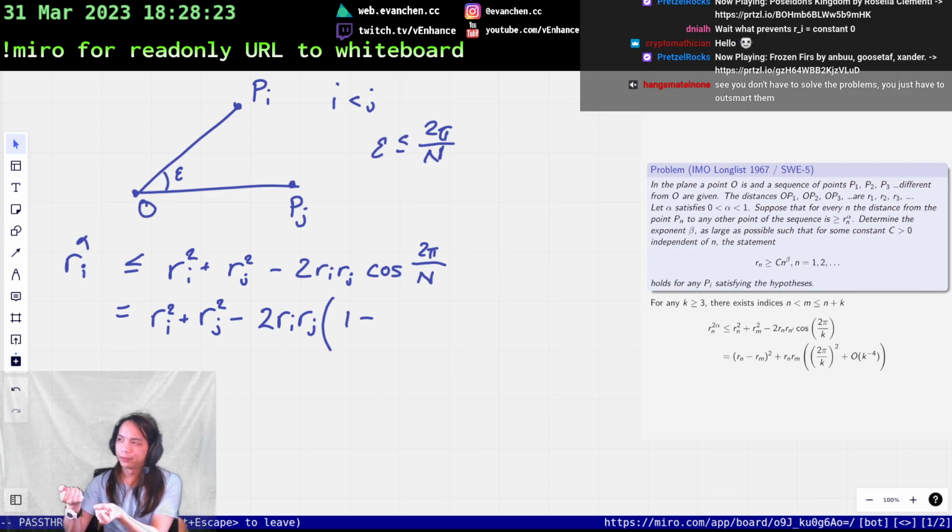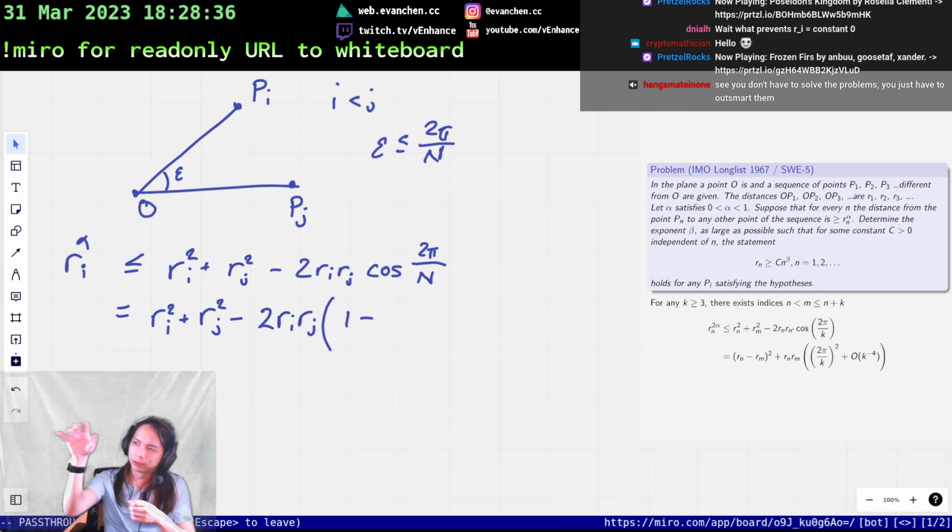Because then the hypothesis that the points are not too close to each other actually means something. And then you want that to make the points go... There should be a beta for which the statement is true.